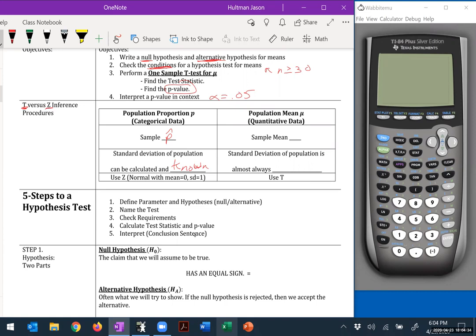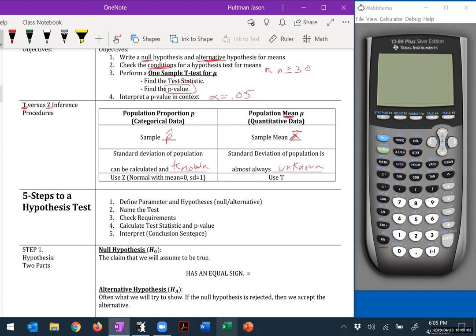Population mean. Now we're going to shift gears and talk about the population mean, a hypothesis test for means. The sample mean is X bar. The standard deviation of the population is almost always unknown.